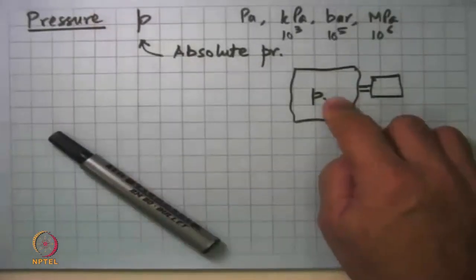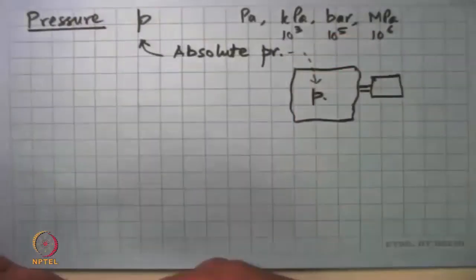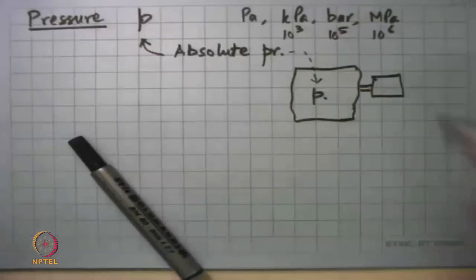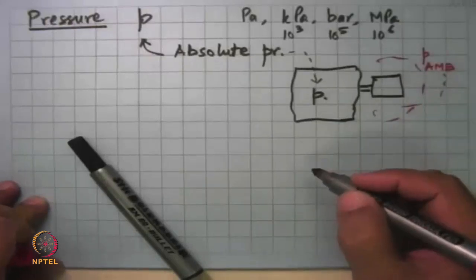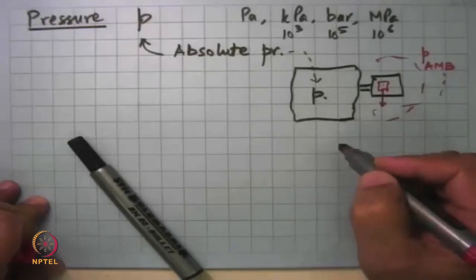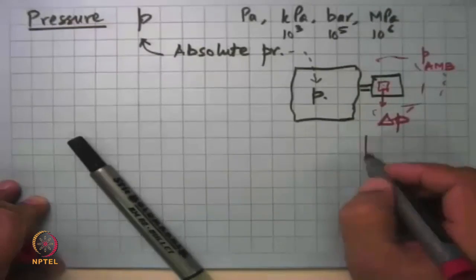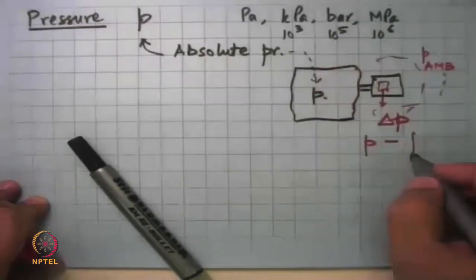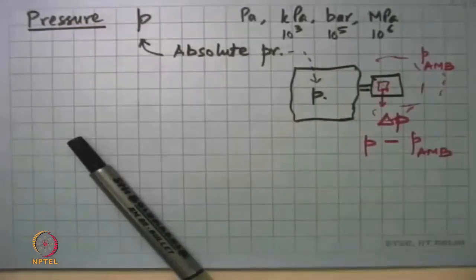Inside this, we would have the absolute pressure. Outside, we have the ambient pressure. And what this instrument will always end up measuring and giving a signal or an indication is the difference of these two. So P inside minus P ambient is what the instrument tells us.